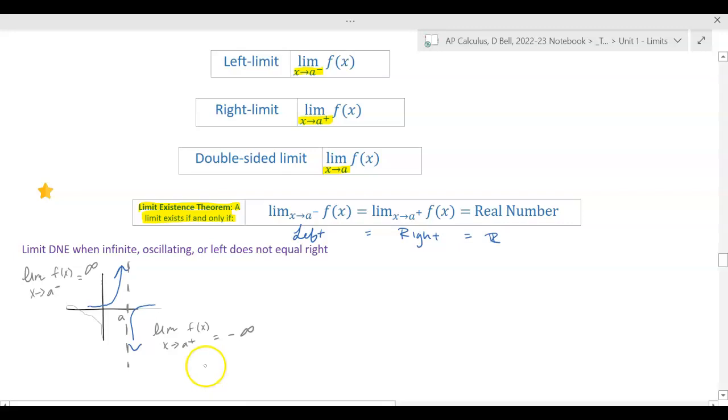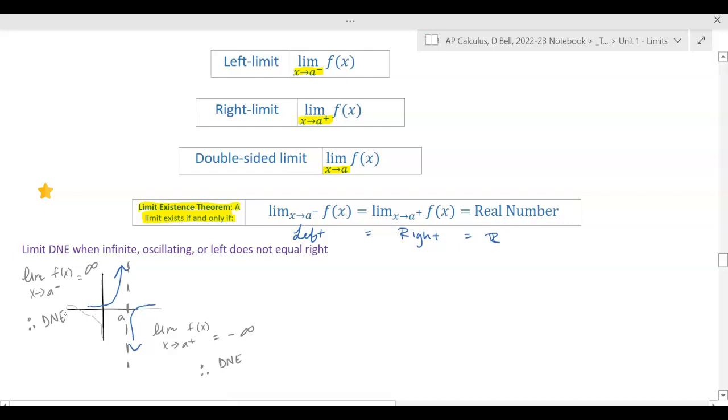So therefore, three little dots in the form of a triangle, that's shorthand for therefore, the limit does not exist. Right? It only exists if it's a real number. So again, therefore, the limit does not exist.